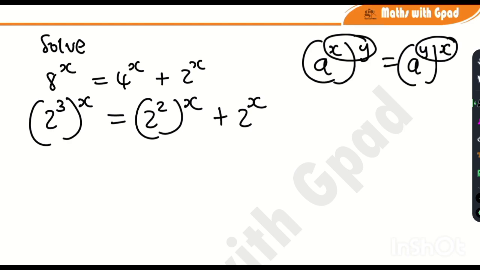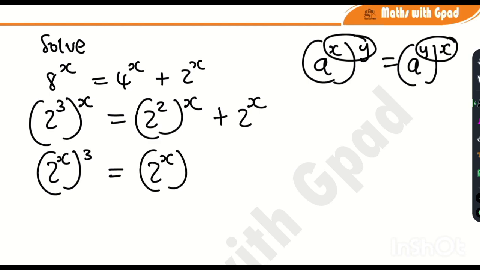So that's what I'm going to be doing here now. 2 raised to power 3 all raised to power x, I am going to write it as 2 raised to power x in bracket and with the exponent of 3. The same thing here, 2 raised to power x in bracket with the exponent of what? 2. And here 2 raised to power x.